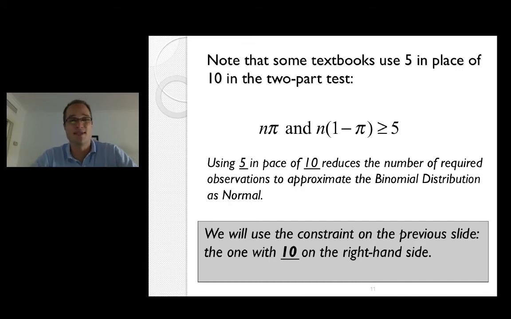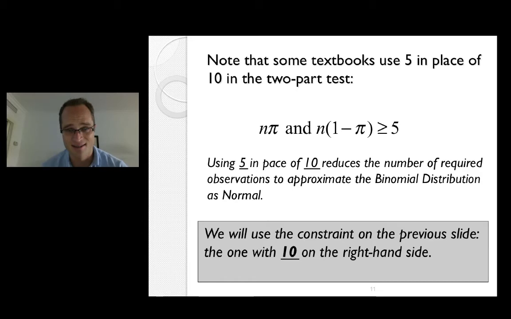I do want to note that some textbooks use 5 in place of 10 in the two-part test. Depending on which textbook you're using, n times pi and n times 1 minus pi, or q, may only need to satisfy a constraint of 5 on the right-hand side.